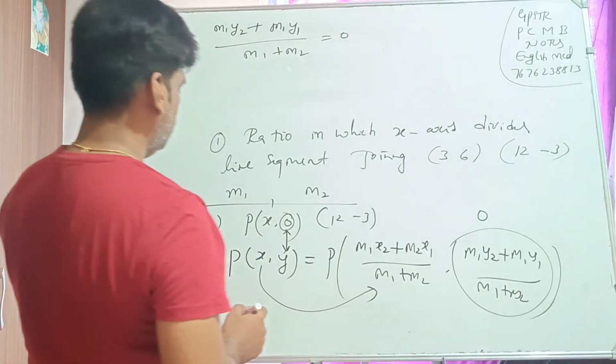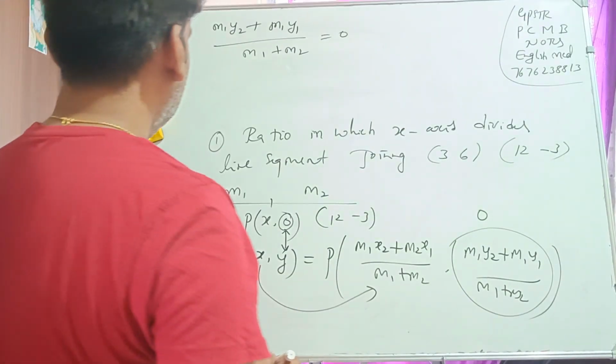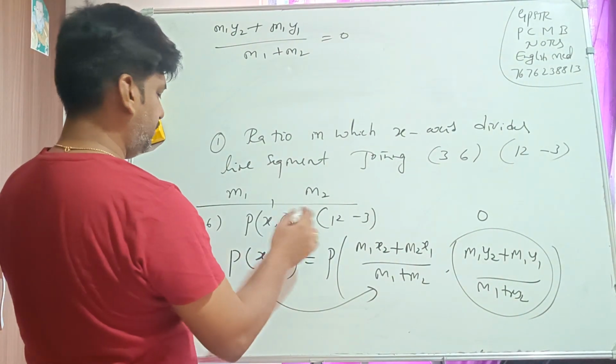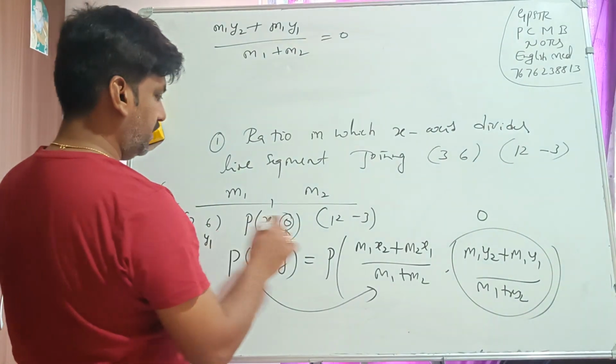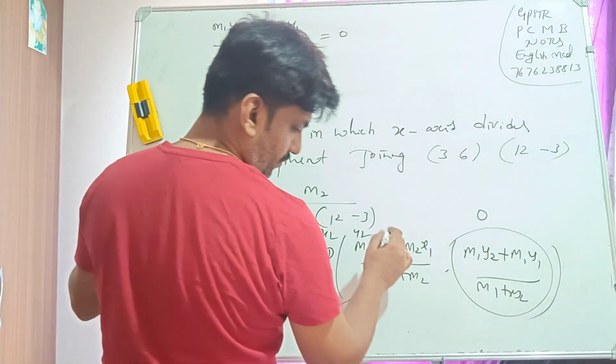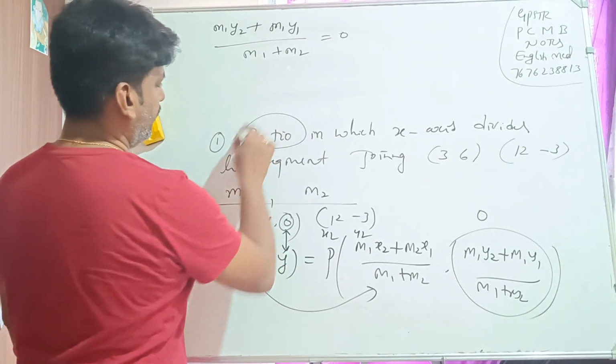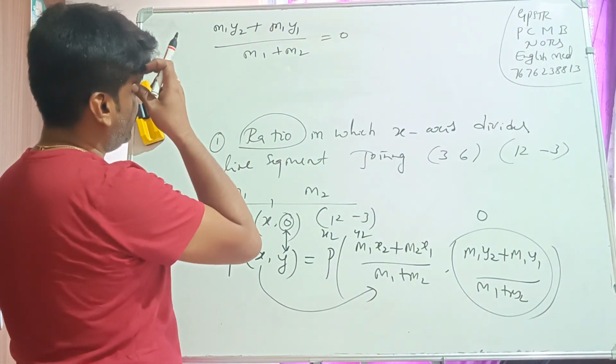So now we can write m1 y2. What is the value of y2? Here it is x1 y1, and here it is x2 and y2, right? So we should find the m1 and m2 ratio.